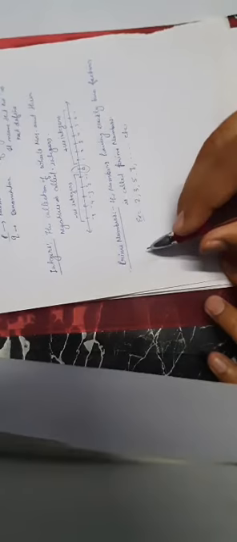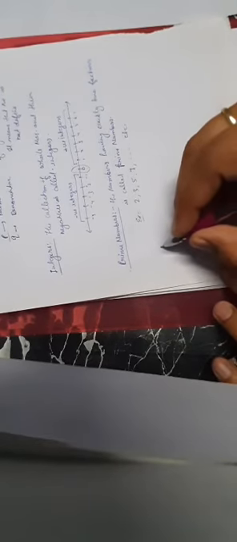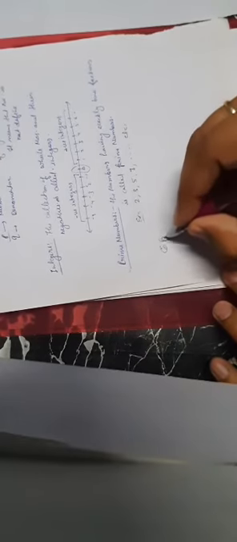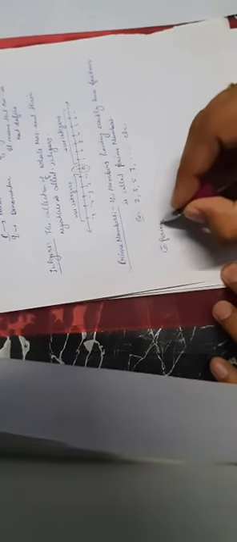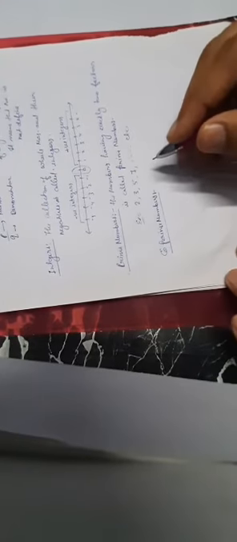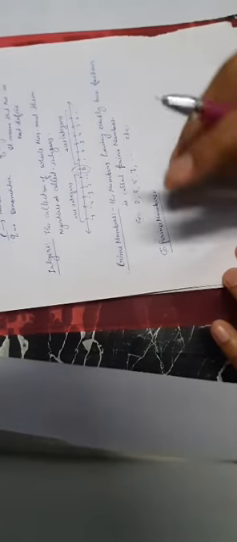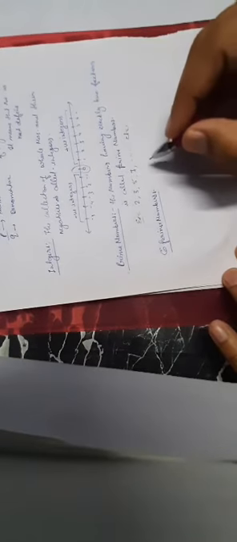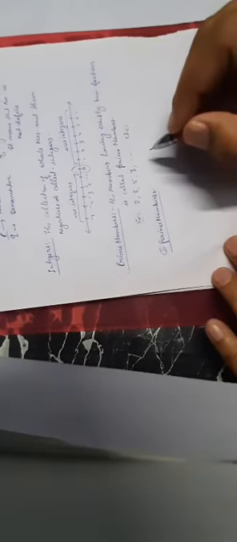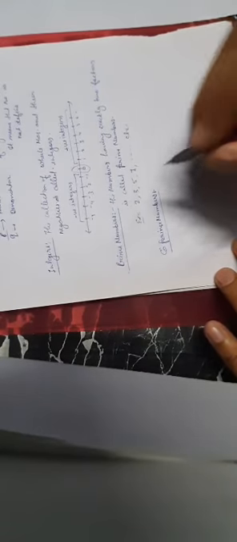Next is the co-prime number. Two numbers are said to be co-prime if they do not have a common factor other than 1. In other words, the HCF of co-prime numbers is 1.